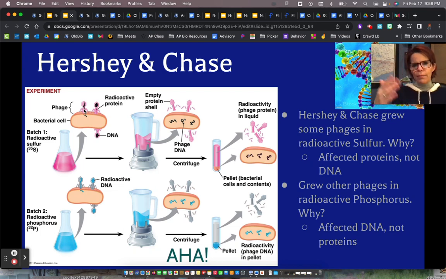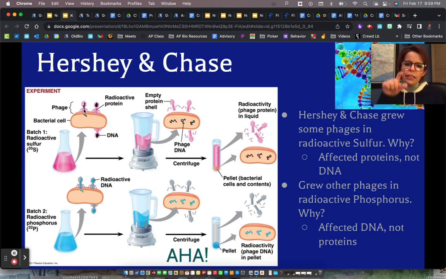So then they allow the bacteriophages to infect bacteria. Don't ask what happens next. They literally blend it up in a blender. I'm not kidding. It's a blender. They blend it up, and then they put the remains in a centrifuge and they spin it. The material that's from the bacteria are the heaviest items, and so the bacteria are going to sink down to the bottom of the test tube.